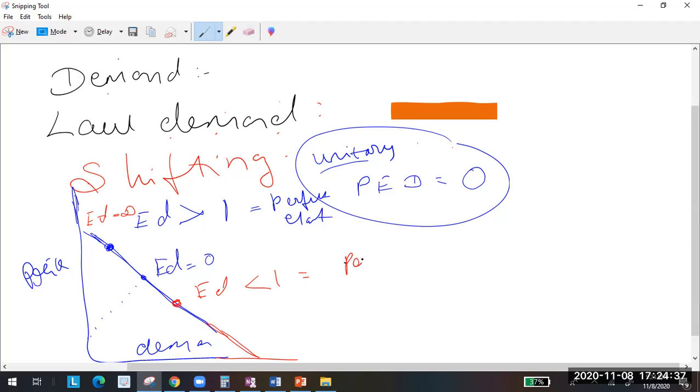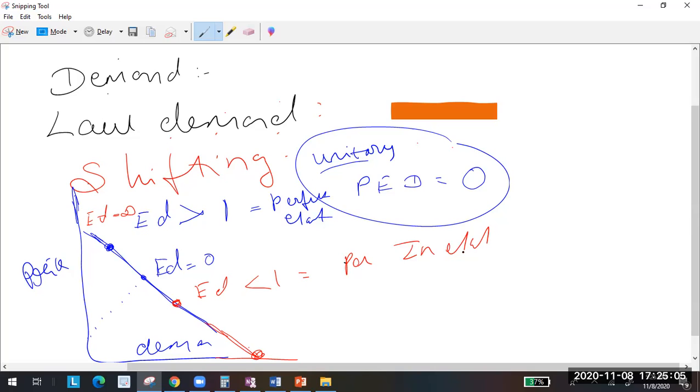Okay, perfectly inelastic. And what does this point represent? Relatively inelastic. That means ED is equal to what? Less than 1.